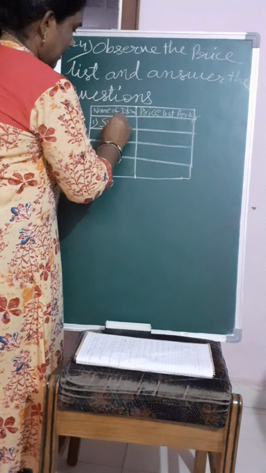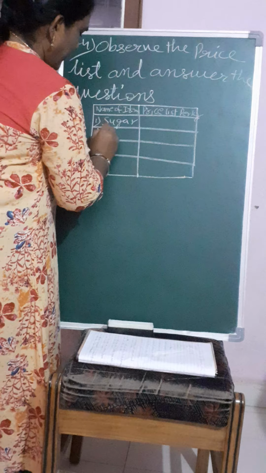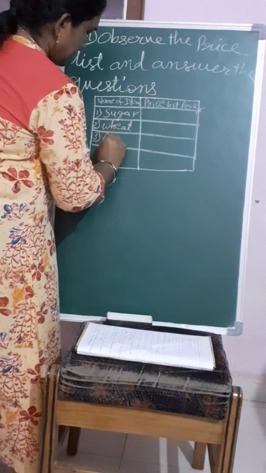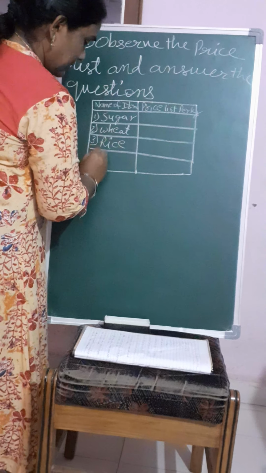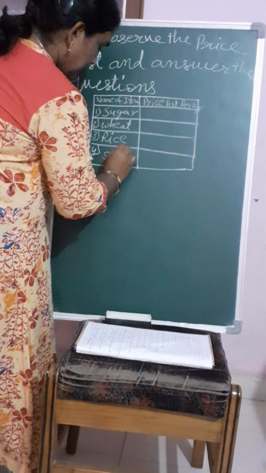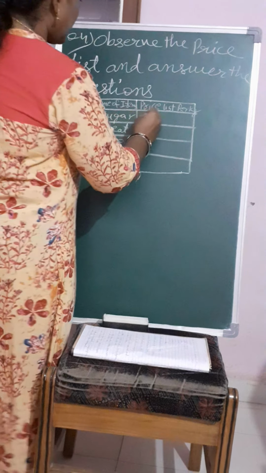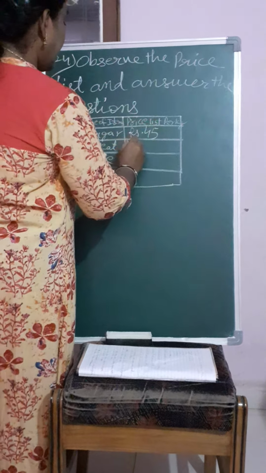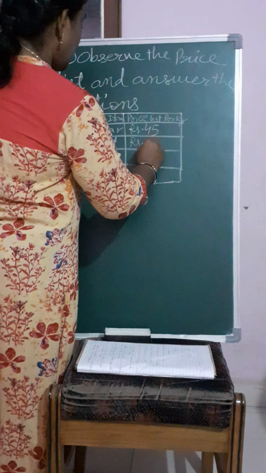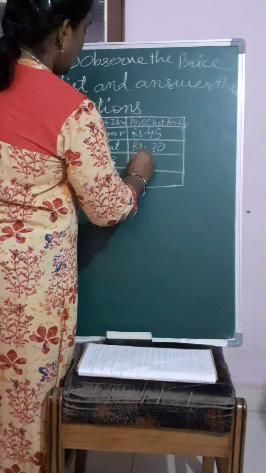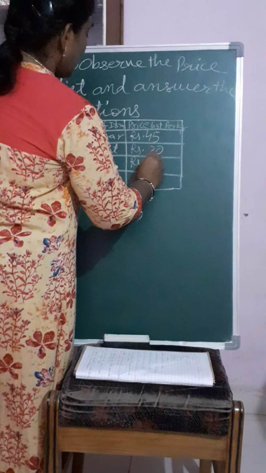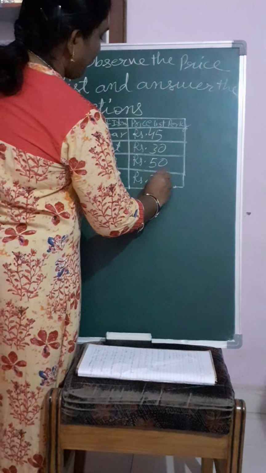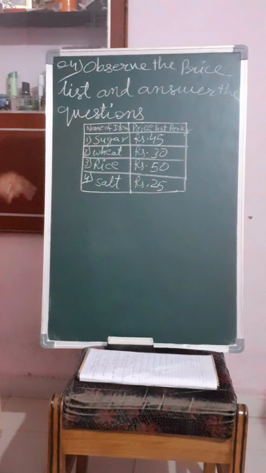Suppose here sugar, secondly wheat, here rice, here salt. Okay, sugar per kg rupees 45. Wheat rupees 30. Suppose rice is given rupees 50 and salt rupees 25. Okay, this is the price list given.